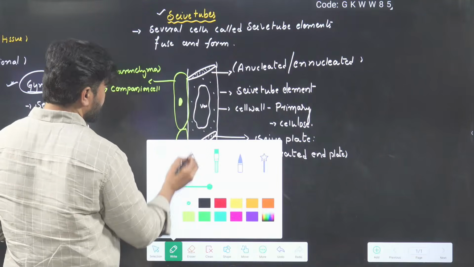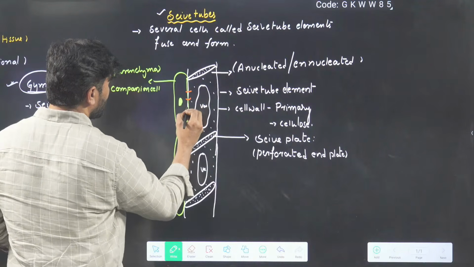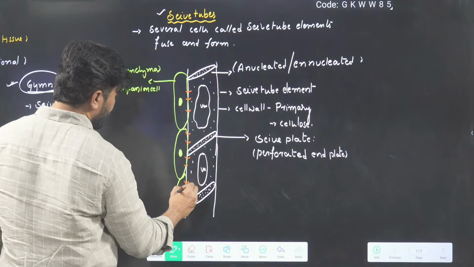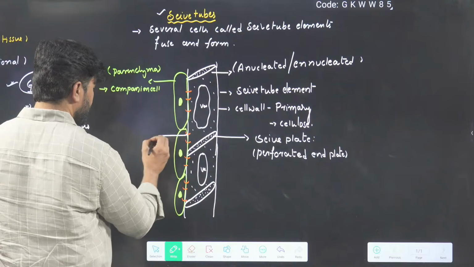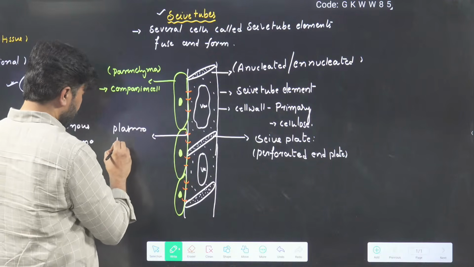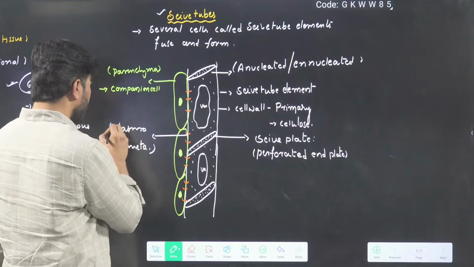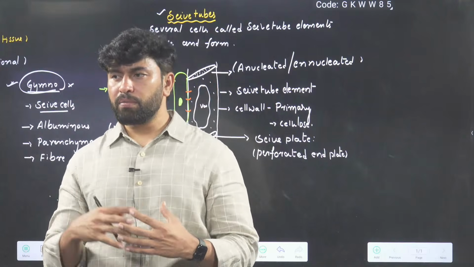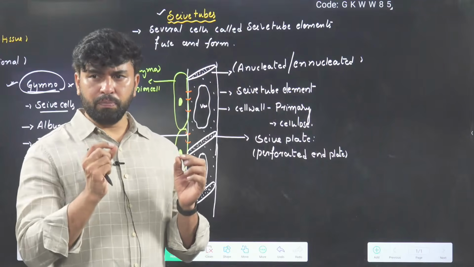These two cells will have a special mode of connection. These connections are known as plasmodesmata. Important. Plasmodesmata. Now, I want you to recall one thing. In the earlier class, when I was talking about primary wall and secondary wall, I explained one simple thing.